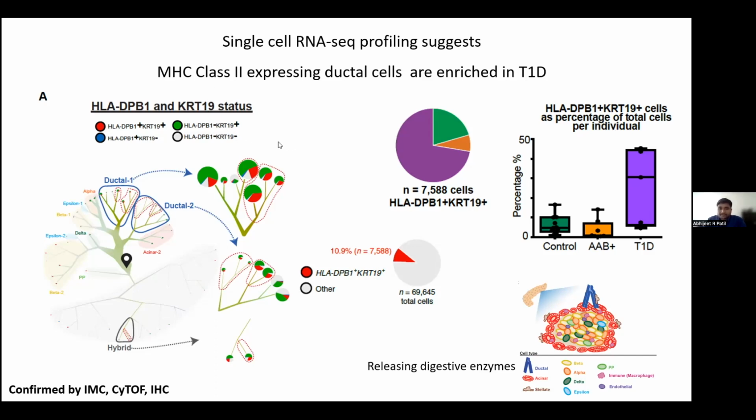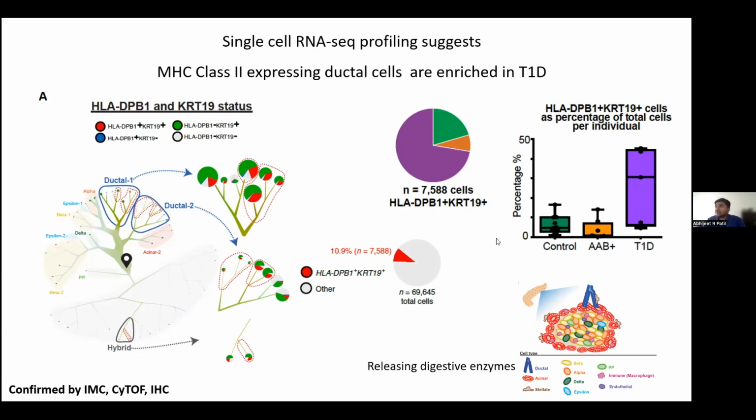So here we identified that around 11% of the cells among a total of 70,000 cells were having expression of both HLA-DPB1 and keratin 19. So we looked at the distribution among these cells, which donors they belong to, and strikingly we noted that they were primarily expressed in type 1 diabetes.